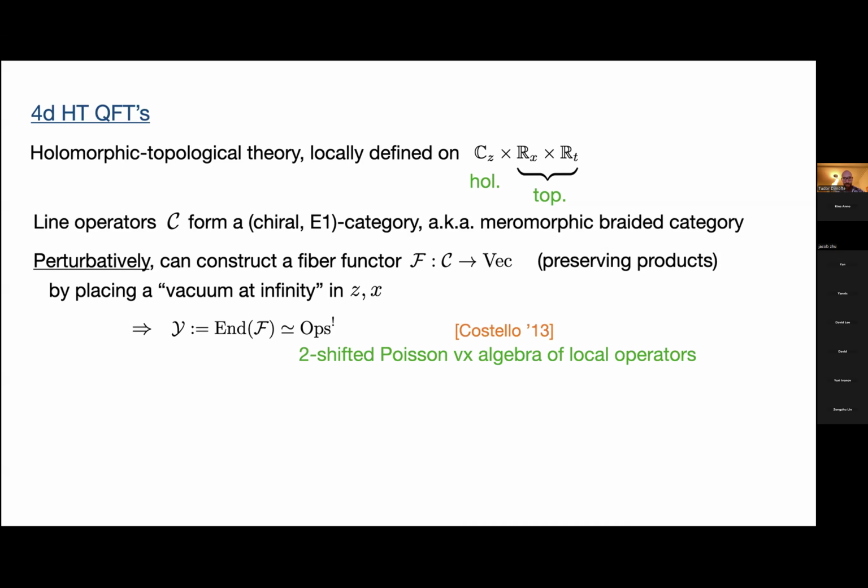And that's the thing that Kevin computed using Feynman diagrams and so on in actual field theory.